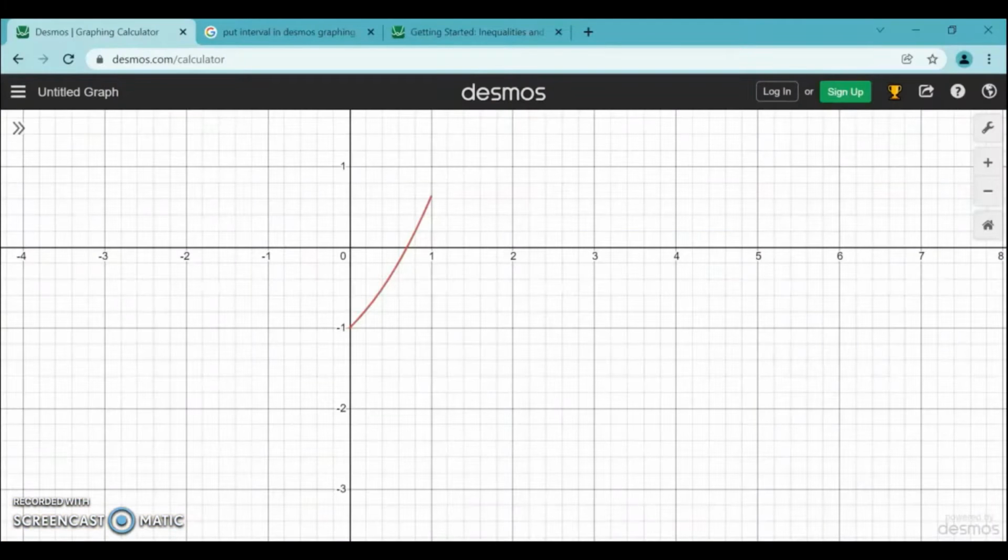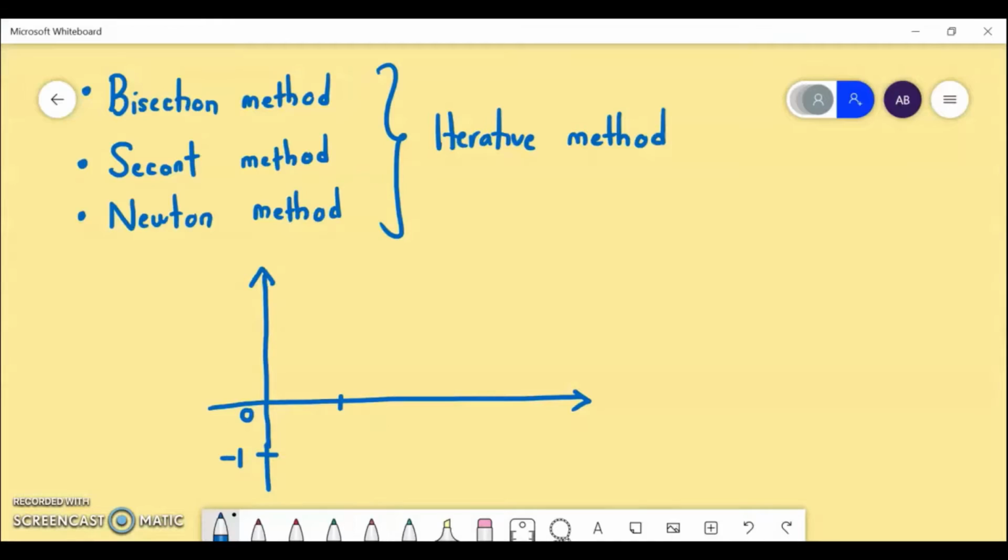Then 0.2, 0.4, 0.6, 0.8, 1. Somewhere in between here I have this graph.